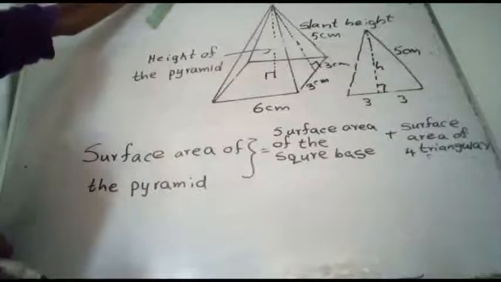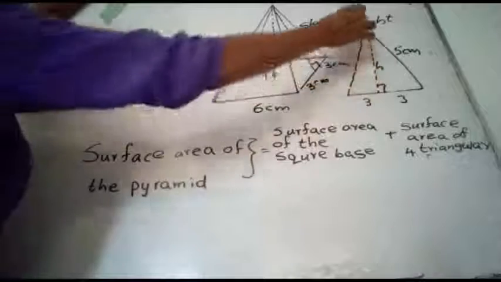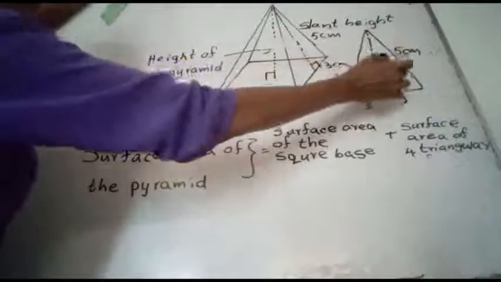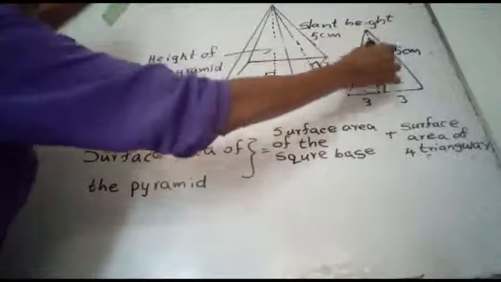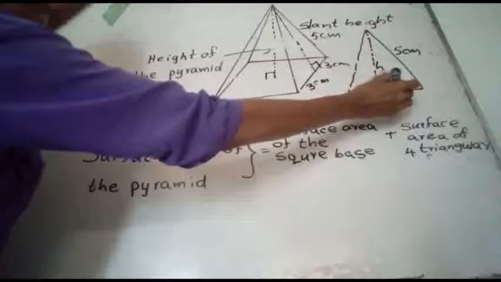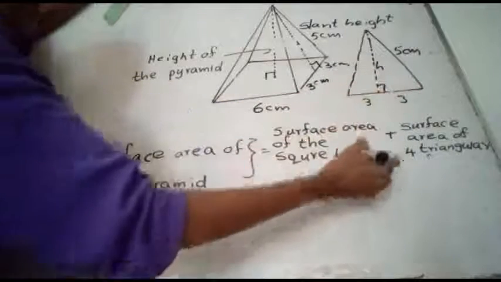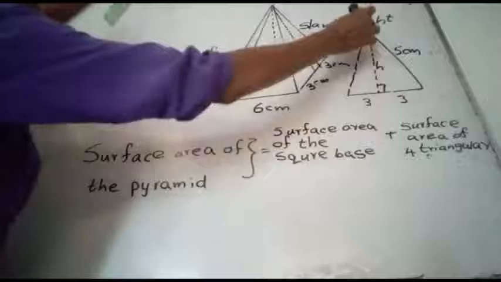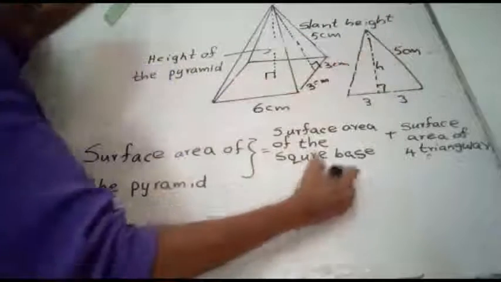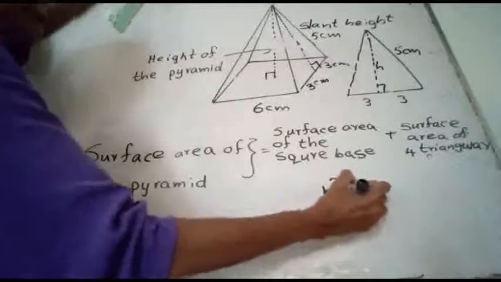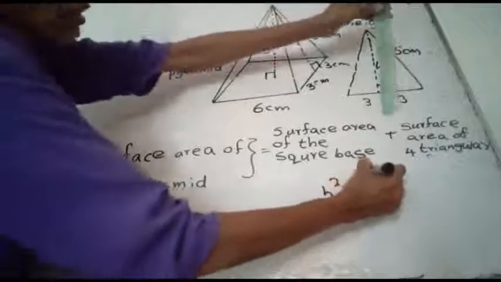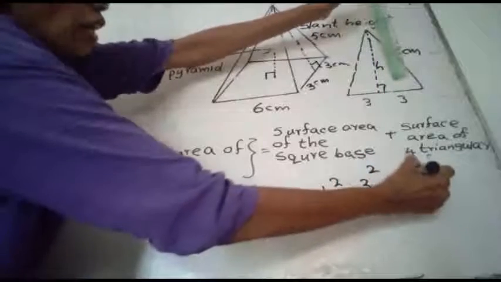Yes, good. Now, by using the Pythagoras relation, we can find the perpendicular height of the triangular surface. We use the Pythagoras theorem. H squared plus 3 squared is equal to 5 squared.